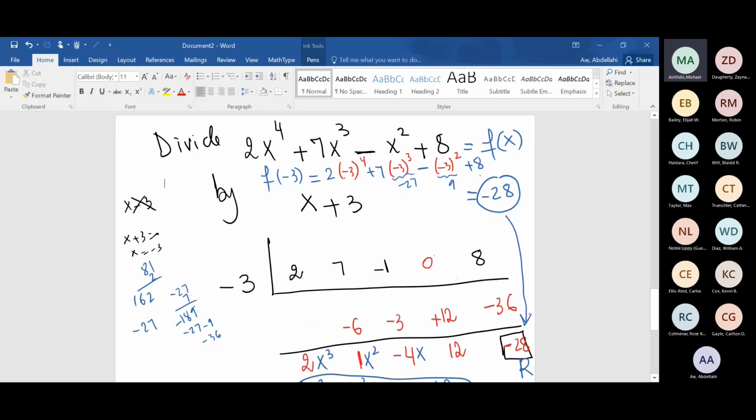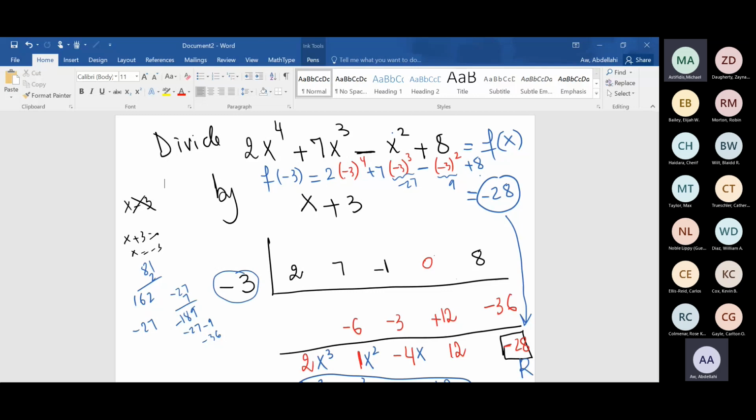Okay? So now, the remainder is always the same number you get when you plug that number into the polynomial, the dividend. You get exactly the same number.